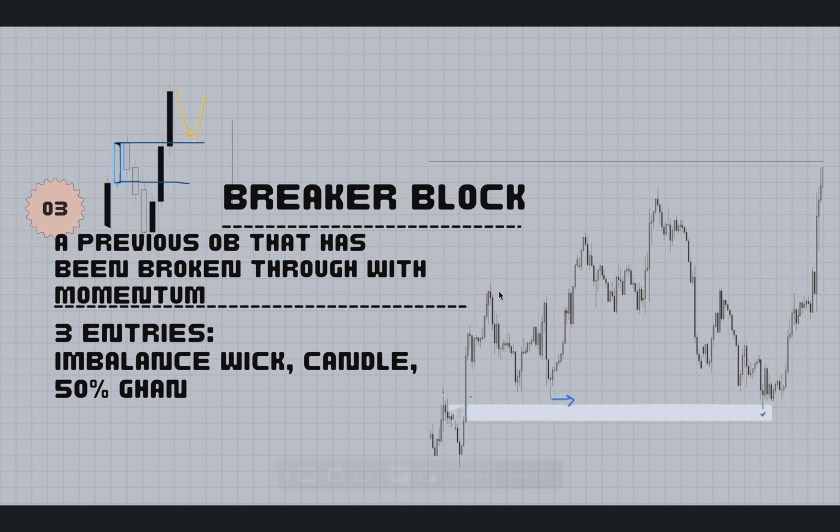That supply zone got absolutely demolished by probably some fundamental changes. So if the markets are actually very strong and it is close to the right time sessions, which is the London, New York crossover, or even Tokyo, and there are FOMC meetings coming up, a lot of fundamental announcements coming out, you want to look at identifying these breaker blocks.